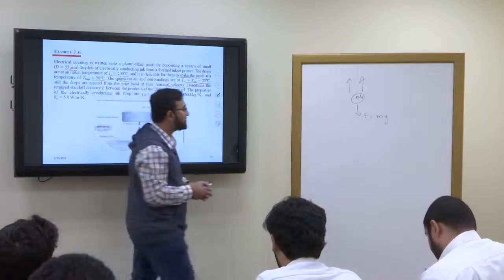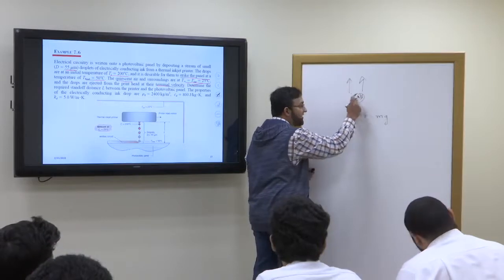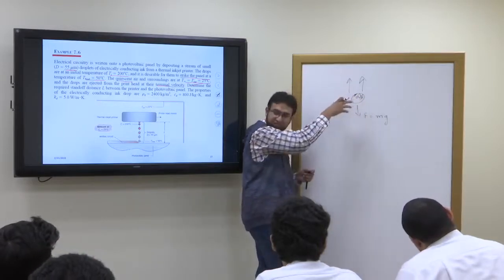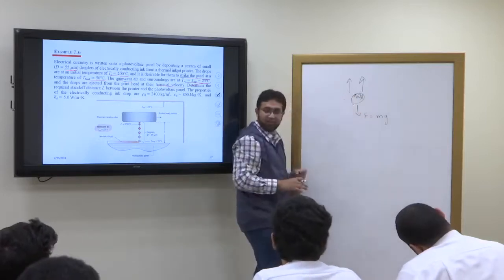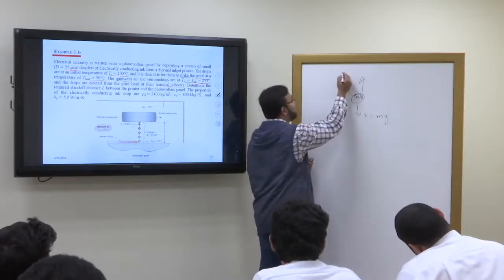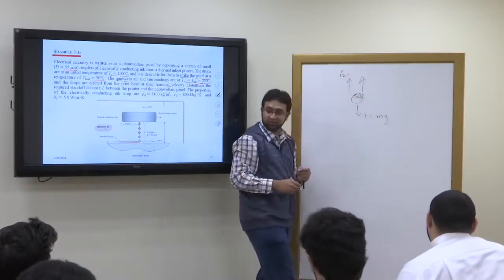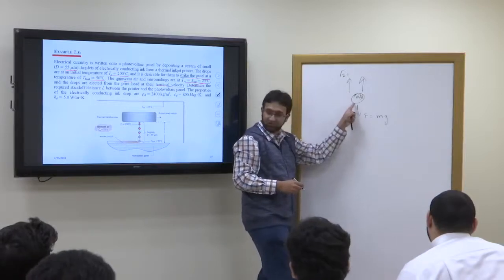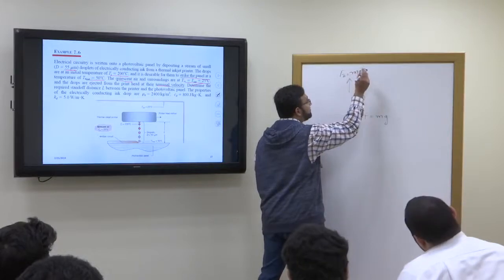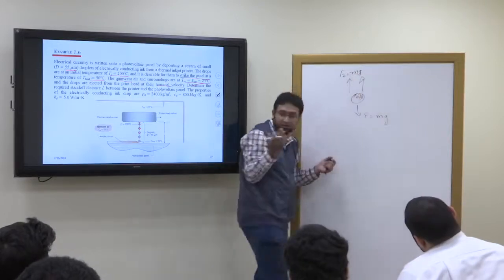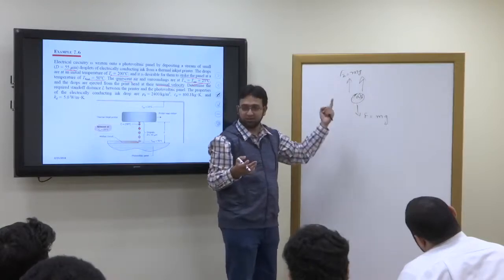So what is the weight of the air displaced? This is the amount of air which is displaced. Previously here there was air, now the droplet has come, so that much amount of air has been displaced, right? So the buoyancy force will be equal to the weight of the air. This was the weight of the droplet, so it is again mg, but for air, not the mass of the droplet, the mass of the air.